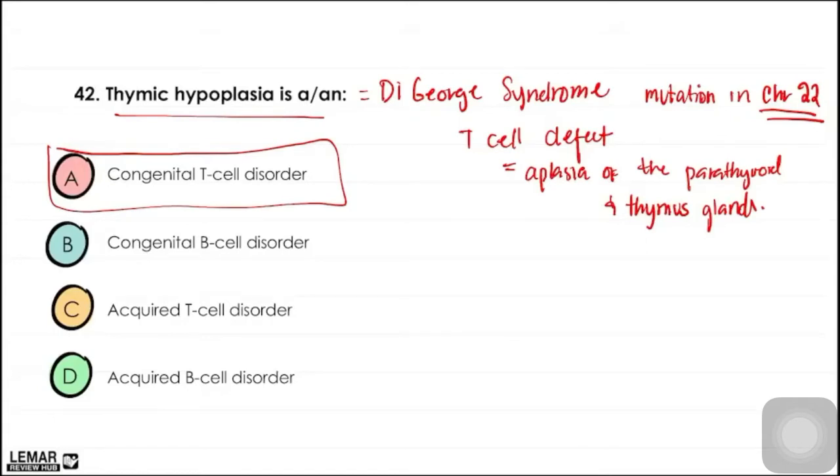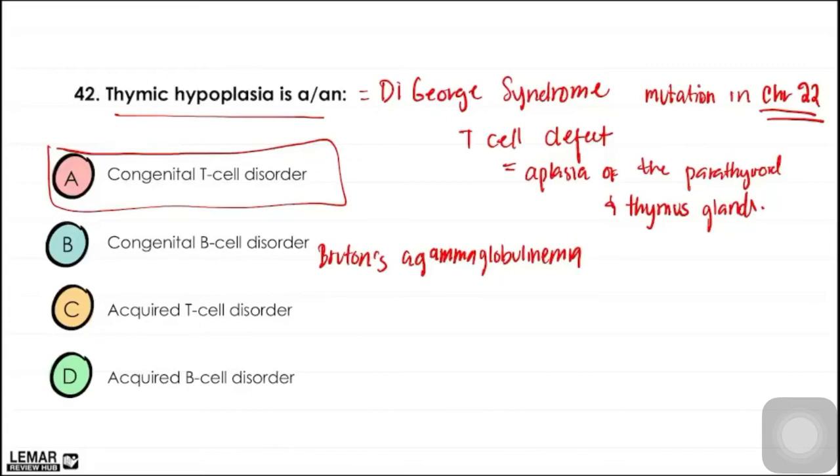Then we have a congenital B cell disorder. This is exemplified in Bruton's agammaglobulinemia, a classic example of an X-linked congenital B cell disorder. This is a variant in the gene coding for the enzyme Bruton tyrosine kinase.